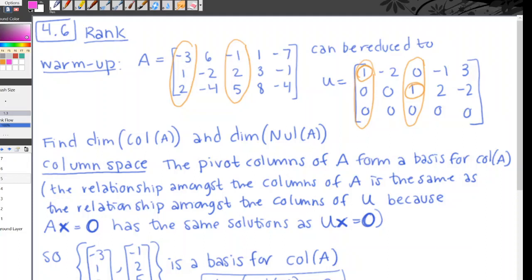Basically, the 2 columns that are highlighted in orange, those are the ones that were pivot columns. The 3 columns highlighted in pink were the ones that were non-pivot columns. The columns highlighted in pink, the ones corresponding to x2, x4, and x5, ended up being the free variables.